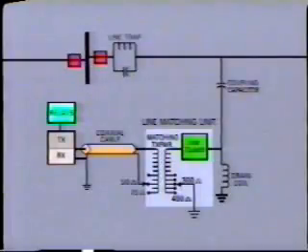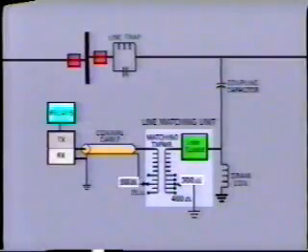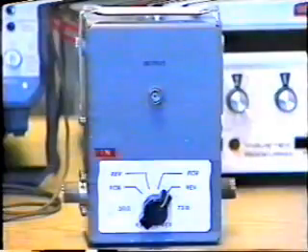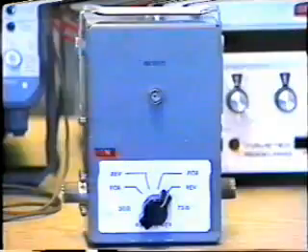The LMU taps should initially be set as near as possible to the anticipated value of line impedance, usually about 300 to 400 ohms, and the impedance of the coaxial cable usually 50 to 75 ohms. To fine-tune the settings, you will need special test equipment, specifically a voltage standing wave ratio meter.